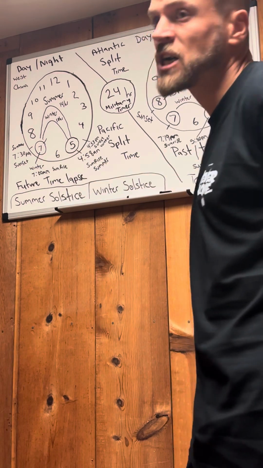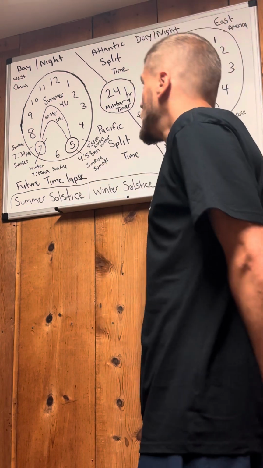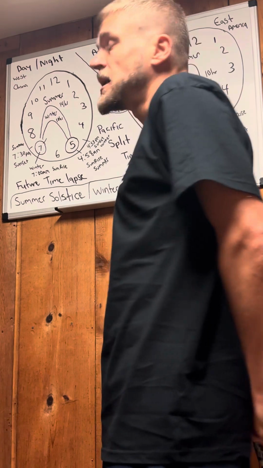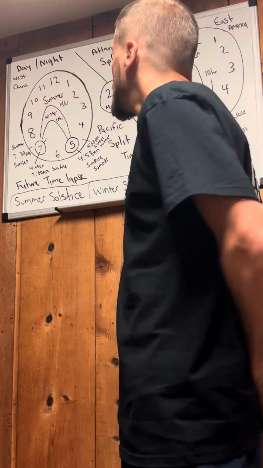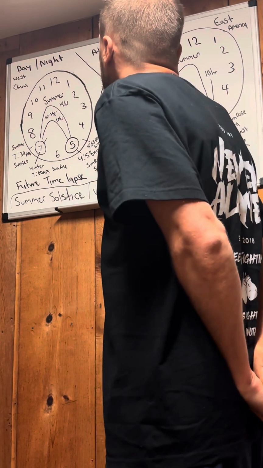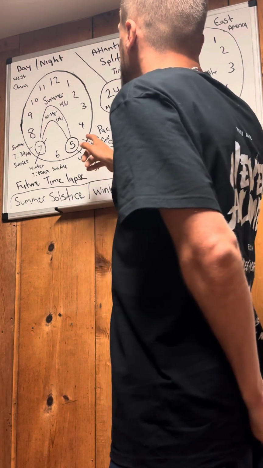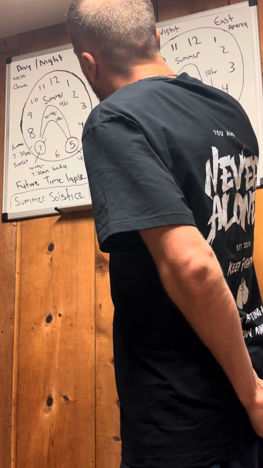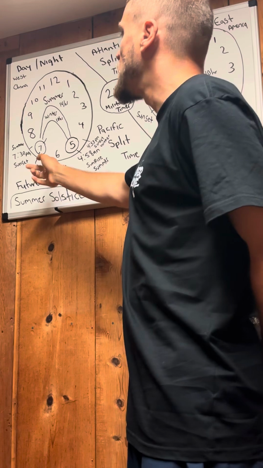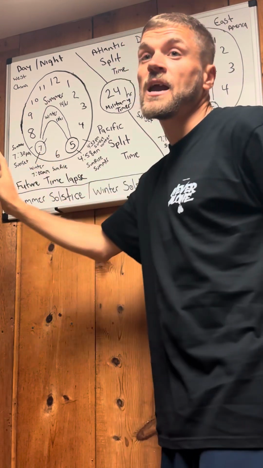And that'll give you approximately about 14 hours of sun, 14 hours of sun. And for the winter sunrise is approximately 7 a.m.